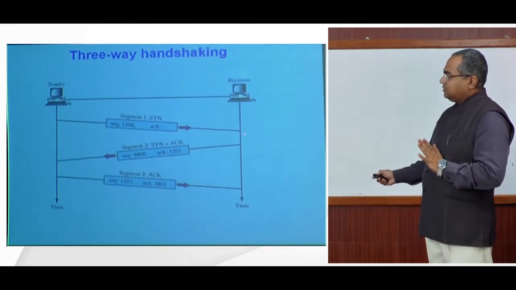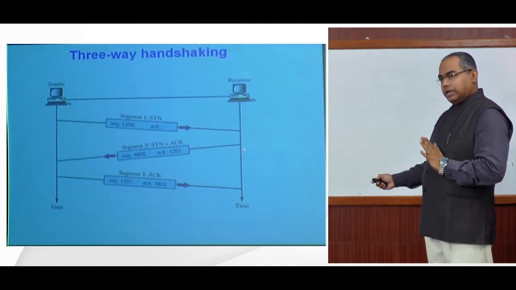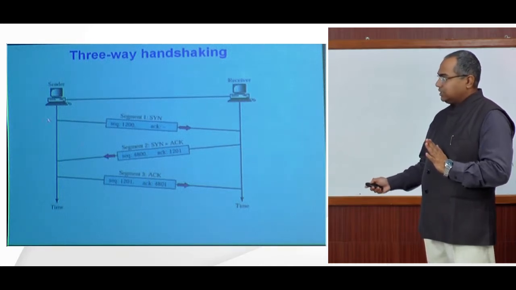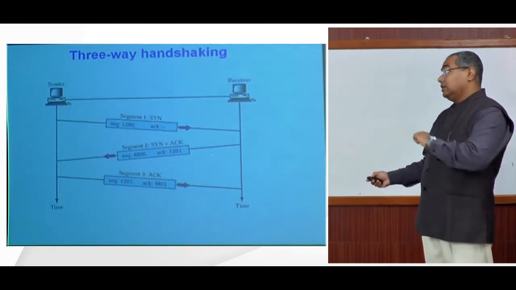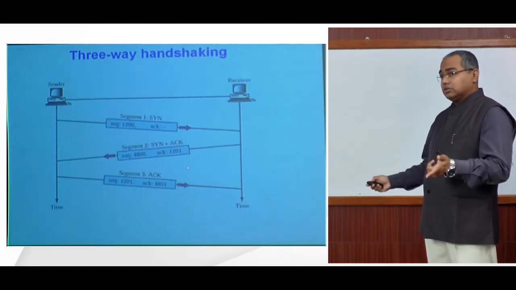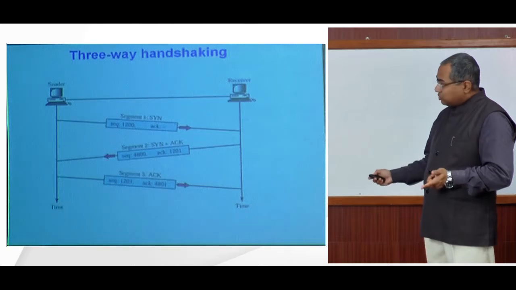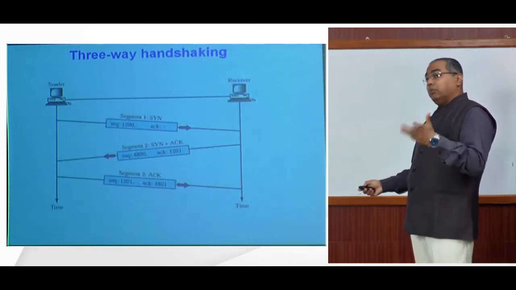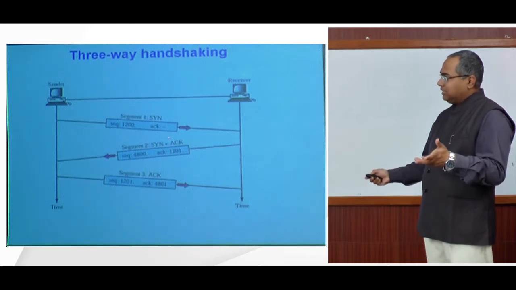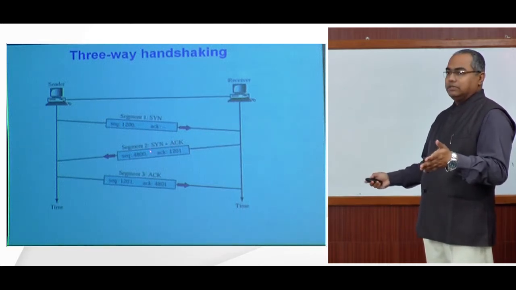I requested a connection, it was acknowledged. That means this path has been created. Sender now can send. Receiver needs to send messages also, isn't it? The replies. So this second segment now becomes both an acknowledgement as well as a synchronizing segment.